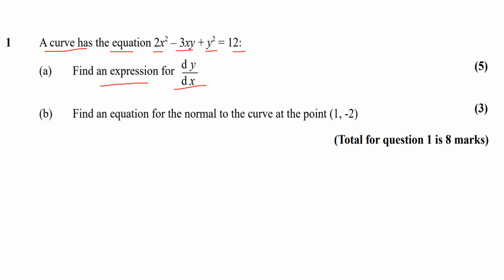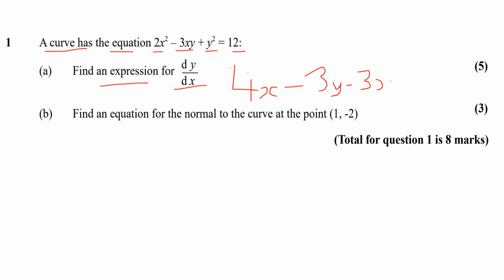So 2x squared here goes to 4x. Okay, the 3xy. I'm going to use the product rule here. Differentiate 3x, I get 3, so it becomes minus 3y. I differentiate y, that goes to 1, so I'm going to have minus 3x dy by dx.